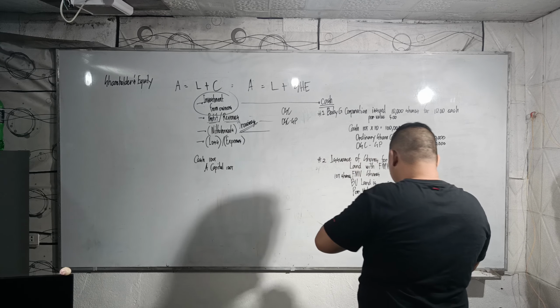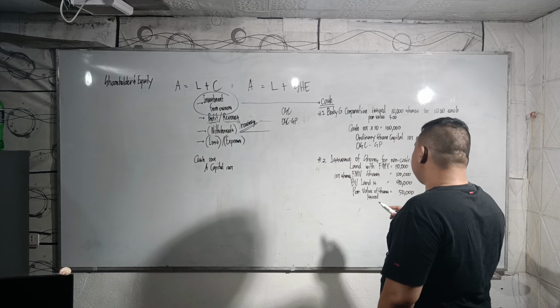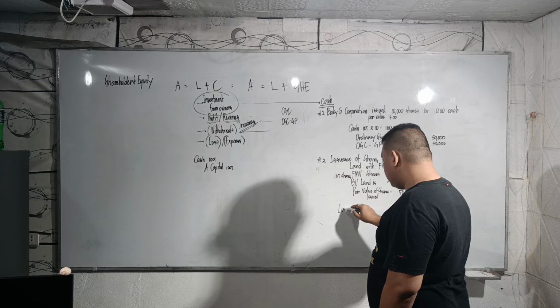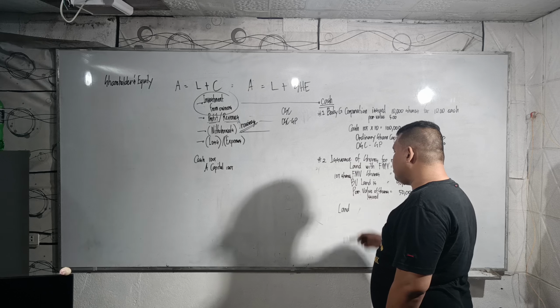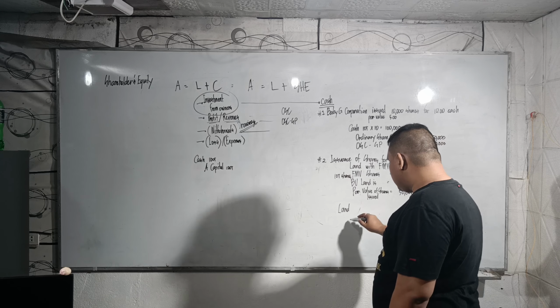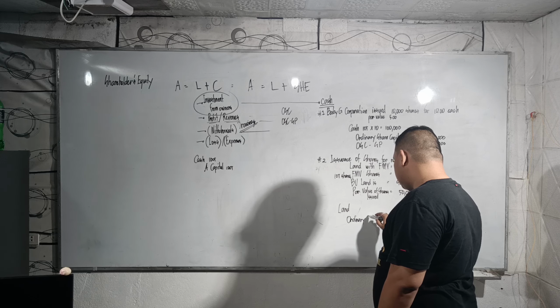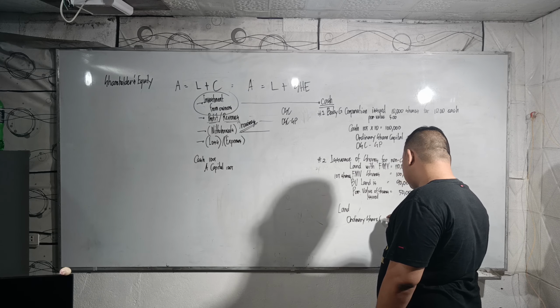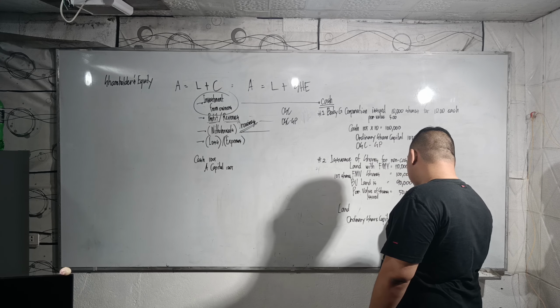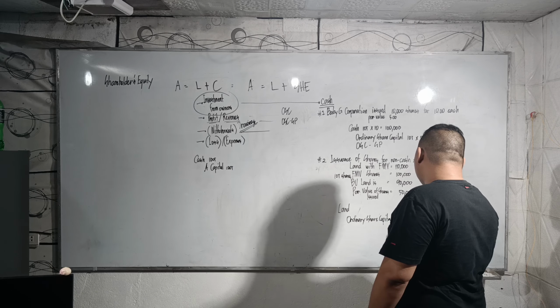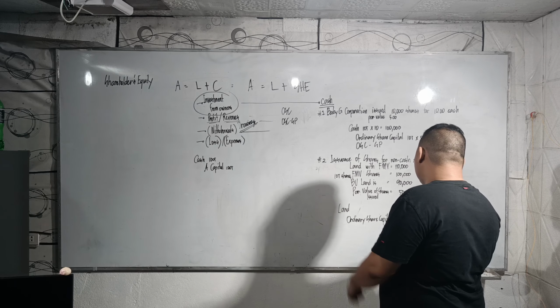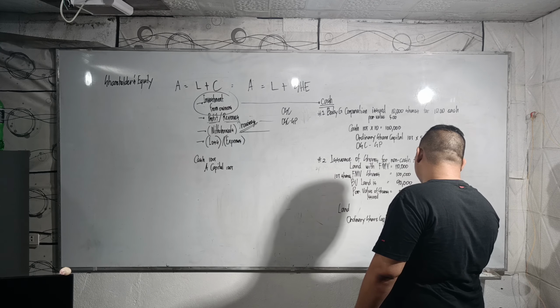Okay? The entry will become land, of course. The question is, how do you value the land? Because the ordinary share capital, you already know that it is based on par value, 10,000 shares times 5 pesos equals 50,000.